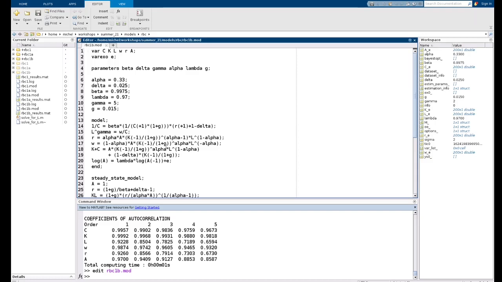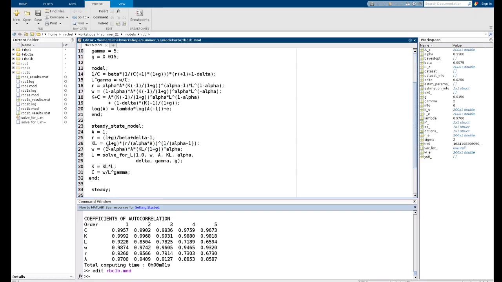The model is identical. I have rewritten differently the steady state model block according to the slide I showed you before. And in particular, for determining steady state labor services, I call the solve_for_L function with a guess value for the labor supply of 1.